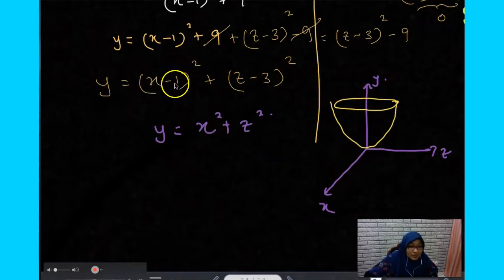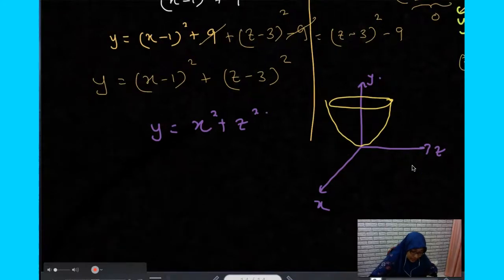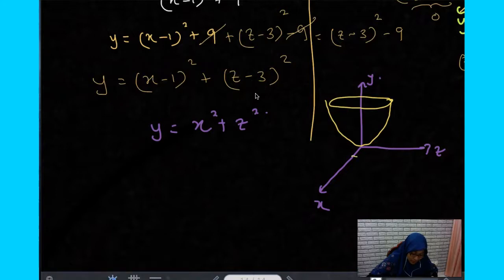But now you have x minus 1 and z minus 3. So meaning that your minimum point is located at x equal to 1 and z equal to 3. So this yellow ball shifted to x equal to 1, z equal to 3. So where is it now? x1 and z3.